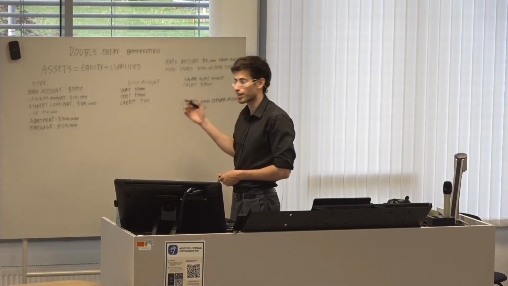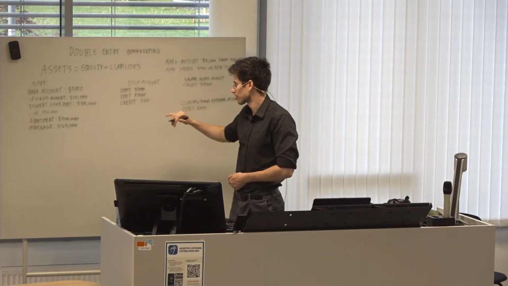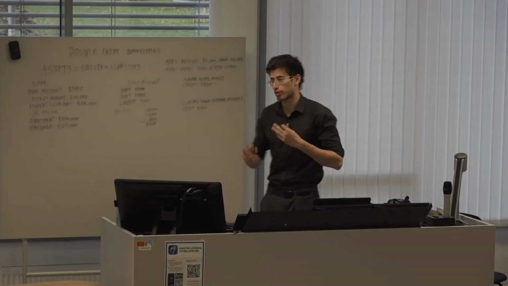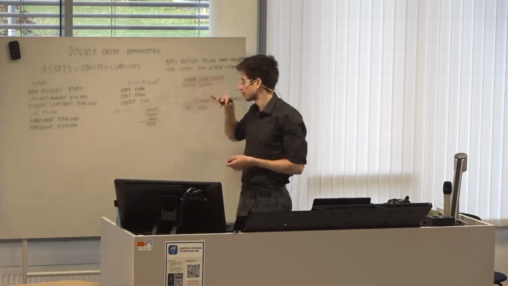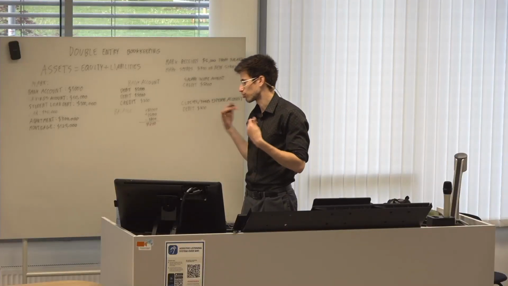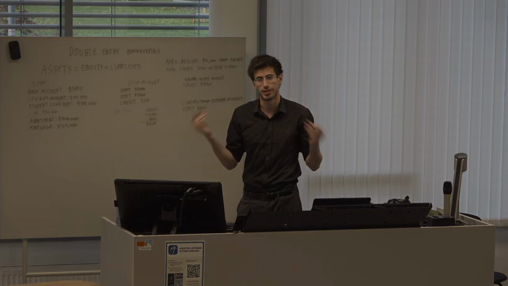So in the example of the bank account, we sum up the debits and subtract the credit. Calculating the balance for the bank account, we see that the balance is $1,200, and because it's a debit account, it's in debit.